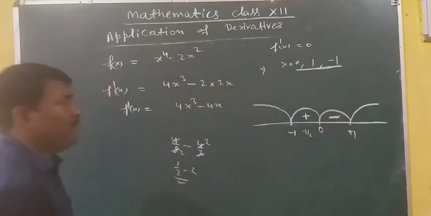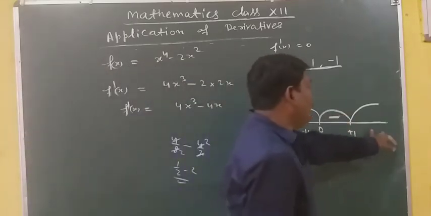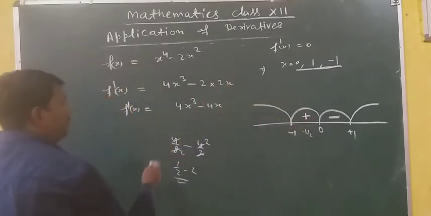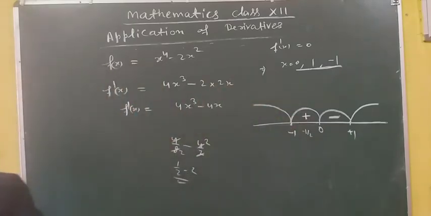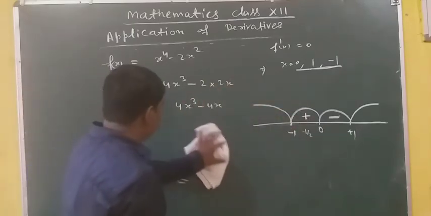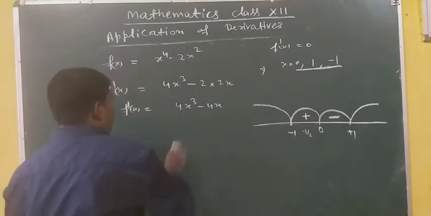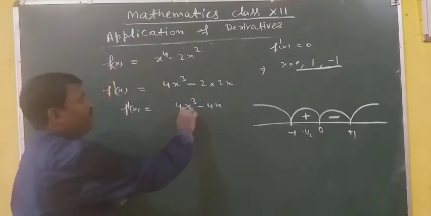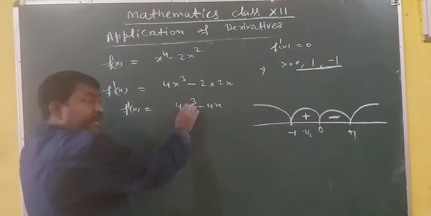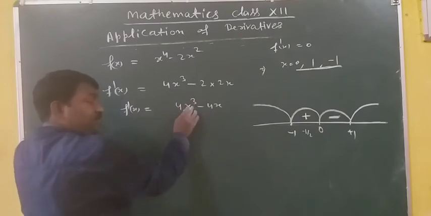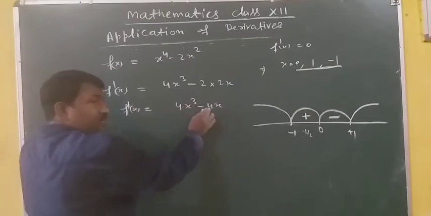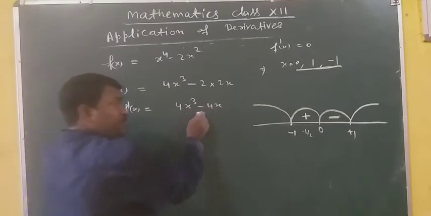What about values more than 1? Suppose you put 2. Then 2 cube is 8, 4 into 8 minus 8, obviously positive.